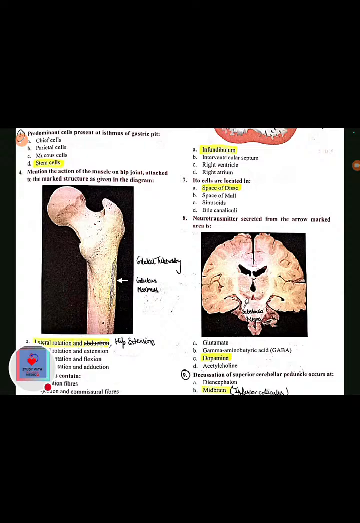Explain the attachment of muscles on hip joint. Understanding the attachments of muscles on the hip joint is crucial for comprehending their actions and how they contribute to movement and stability. Muscles typically have two main attachment points. Origin: the more proximal, closer to the trunk, and generally more stable attachment point.